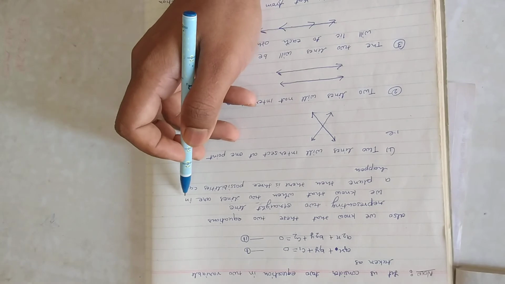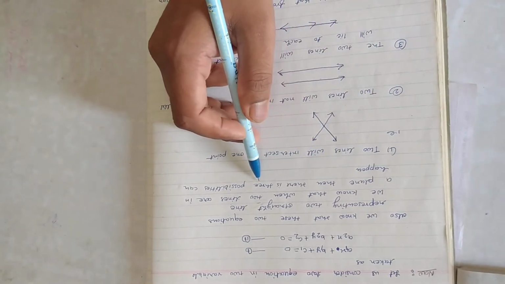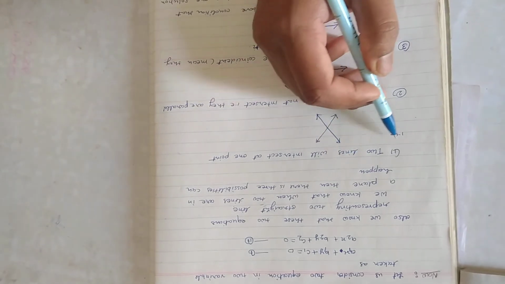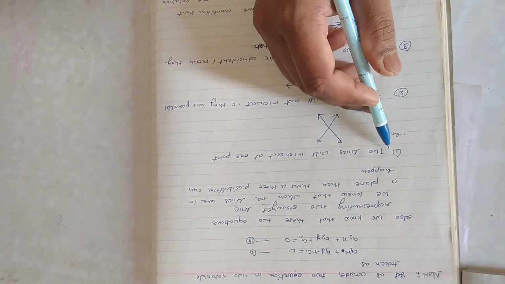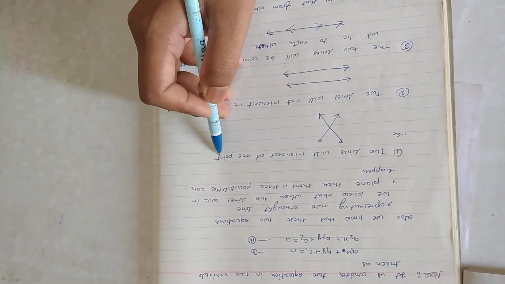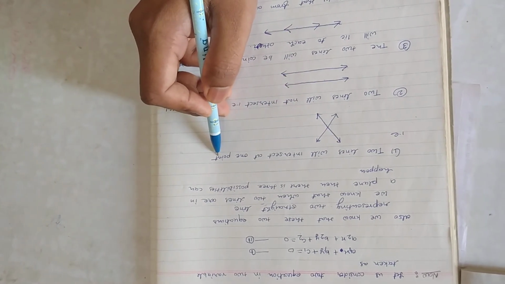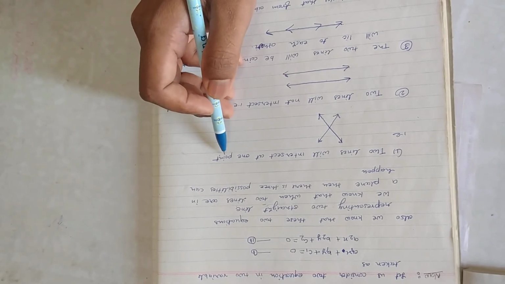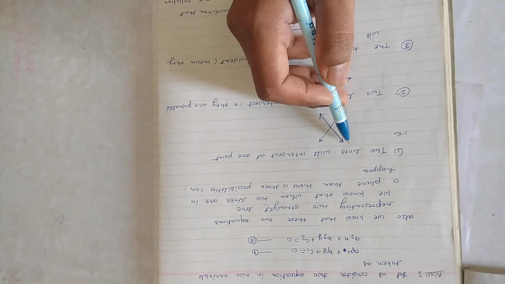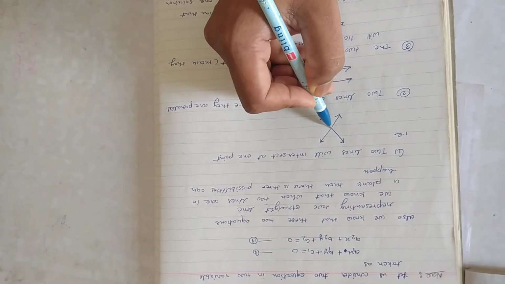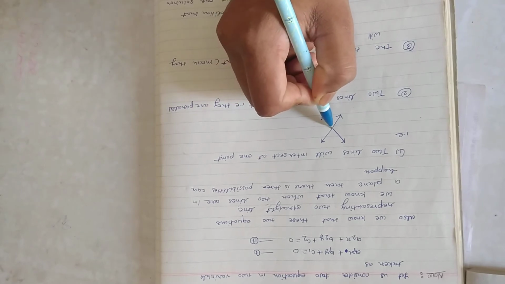When two lines are in a plane, three possibilities can happen. Number one, the two lines will intersect at one point. This is the first condition: they will intersect each other, and this point is the point of intersection.